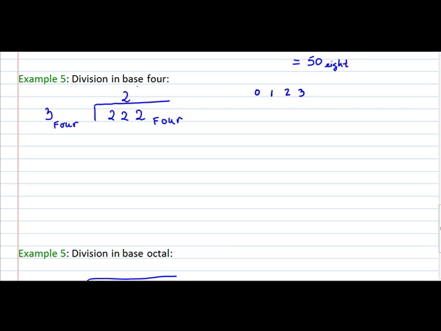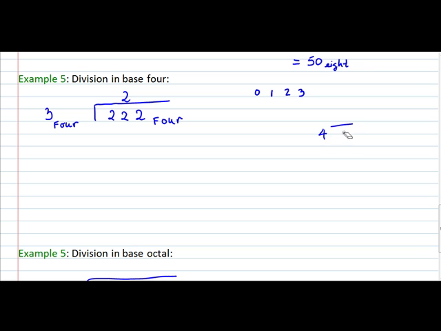Let's pick 2. I think 1 and 0 are too small. In base 4, I multiply by 3, so we learned from the previous example to multiply this in base 4. I will do it like in base 10. So this is 2 times 3 is 6 in base 10. I convert to base 4.